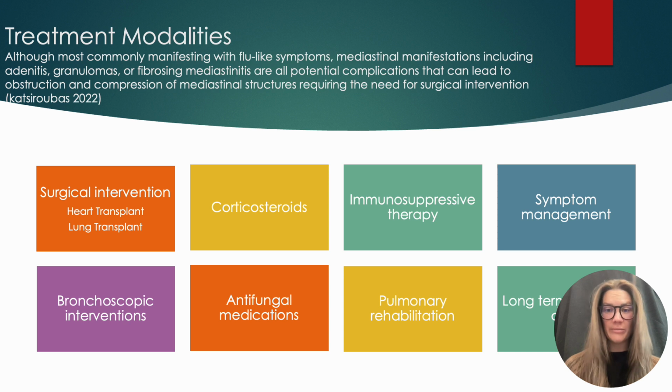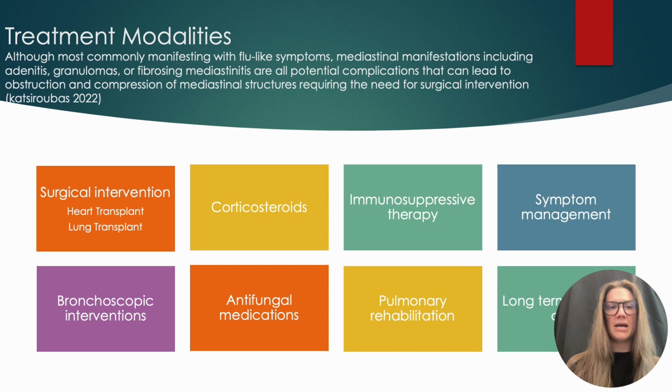Now we have treatment modalities for fibrosing mediastinitis secondary to histoplasmosis. Although most commonly manifesting with flu-like symptoms, mediastinal manifestations, including adenitis, granulomas, or fibrosing mediastinitis, are all potential complications that can lead to obstruction and compression of the mediastinal structures, requiring the need for surgical interventions.